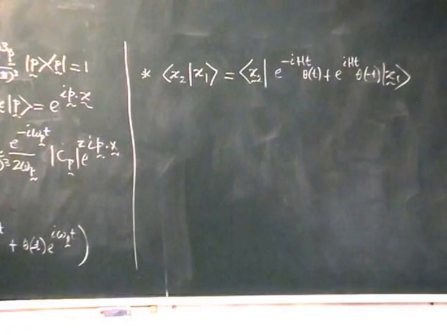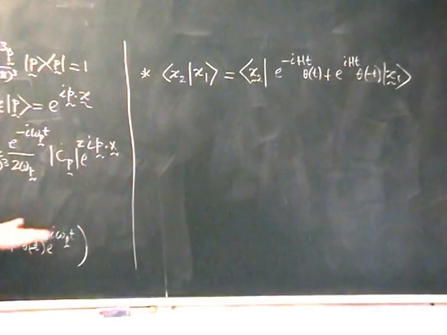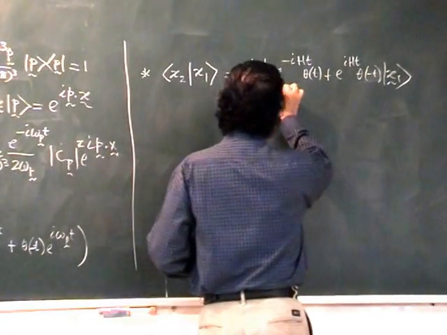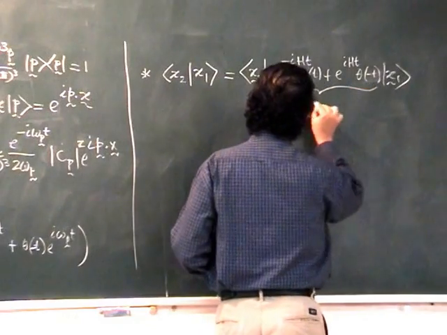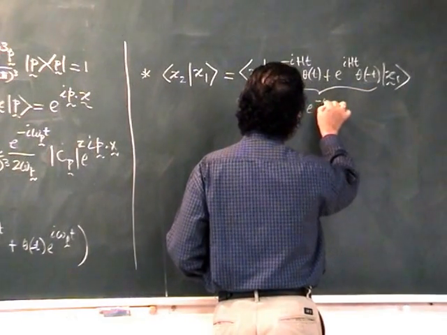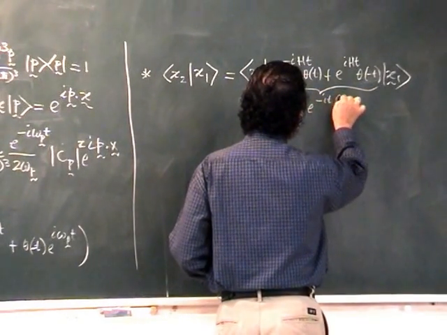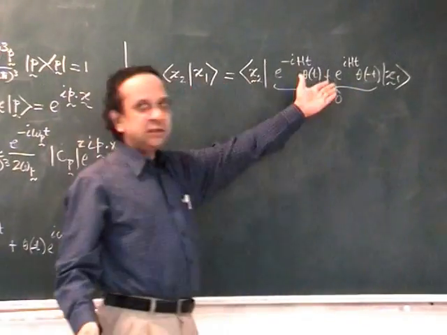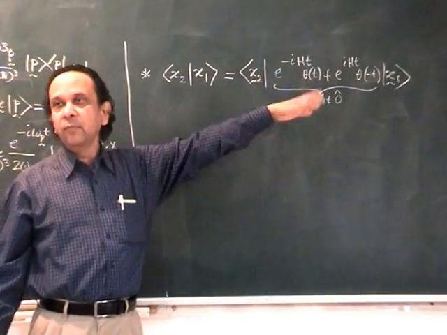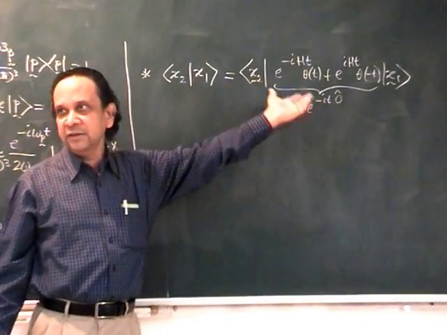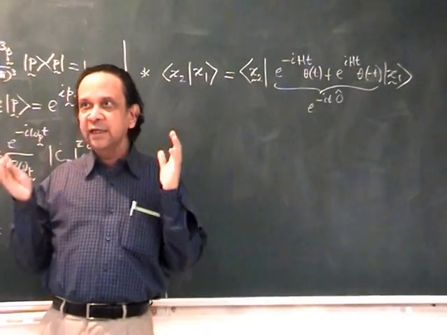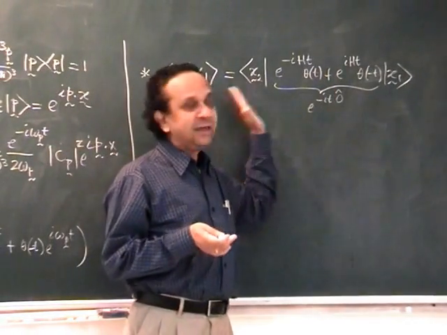Okay, so we do have this formula. Now the whole question is, can this be written as e to the minus i t times some operator rho? The answer is obviously no. Okay, you just look at both t positive and t negative and you see that it cannot. So there is no single Hamiltonian whose evolution will give you this.